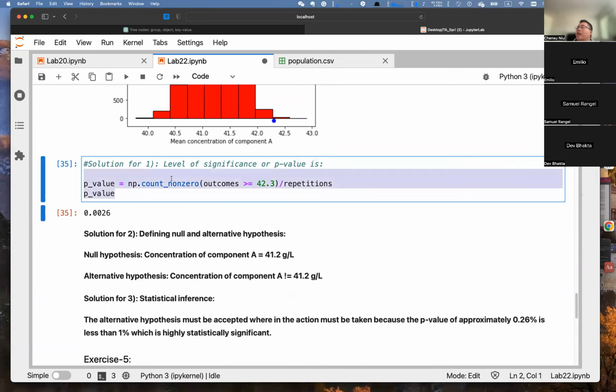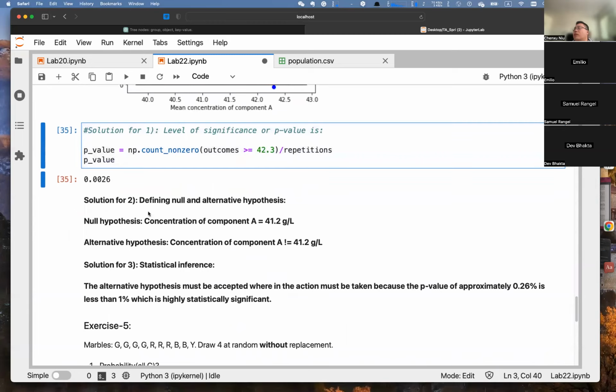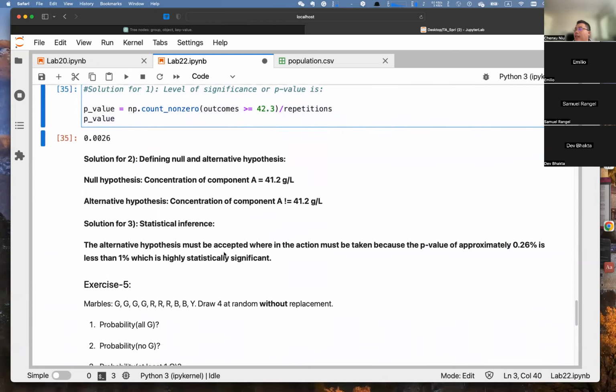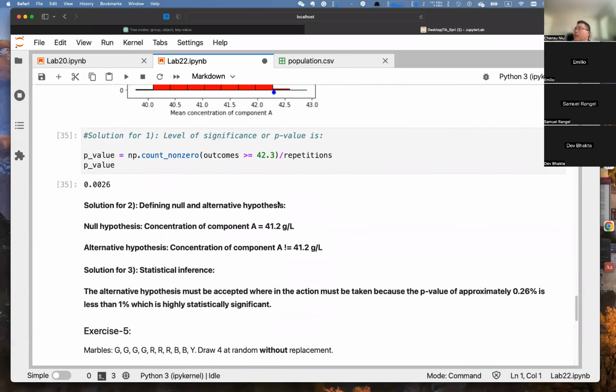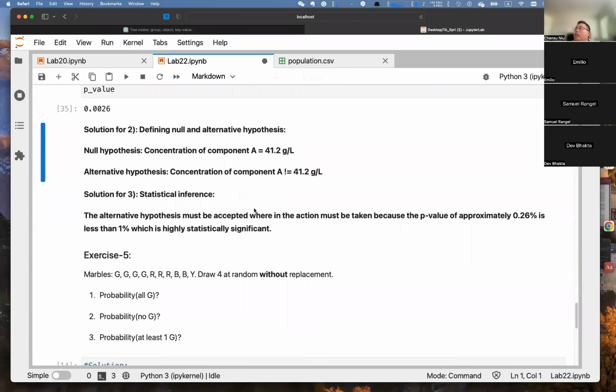You want to compare your result with the standard value. And after that, you need to propose a hypothesis and compare with the 5%, 1%, because here 1% is a standard. And then you need to determine whether to accept or reject this hypothesis.